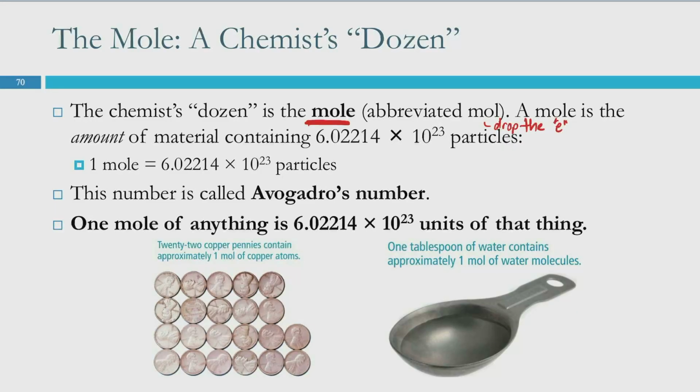A mole is the amount of material that contains this number. This big number of particles equals 1 mole. And we're typically going to write it in scientific notation. This is part of why we learn scientific notation, because it's a lot easier than writing out this.